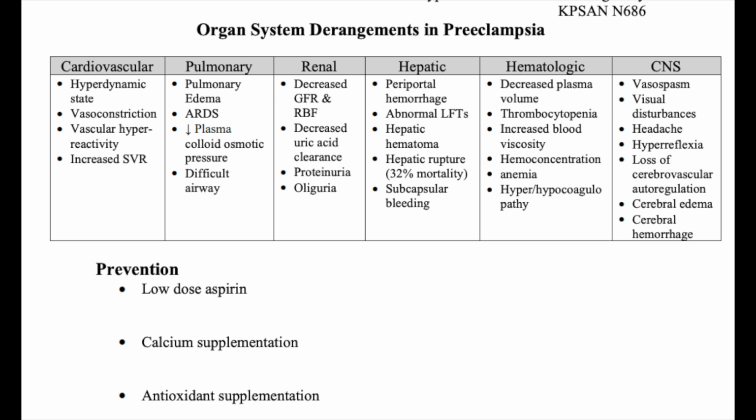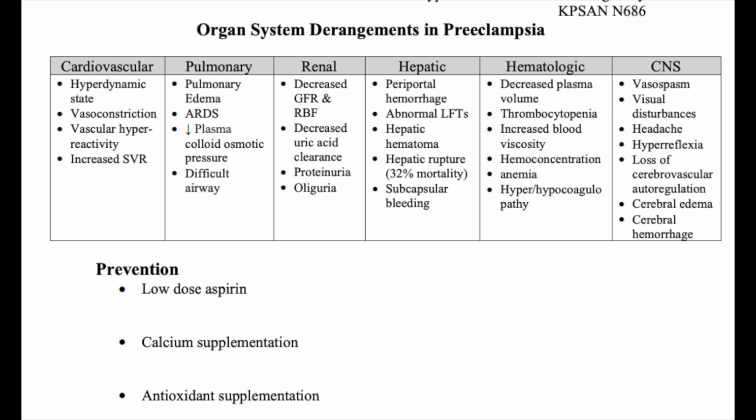In your notes here, you can see I have a table titled Organ System Derangements in Eclampsia. Let's start with cardiovascular. Vascular hyperreactivity seems to be the most important characteristic of preeclampsia, and this is what leads to maternal hypertension and reduced placental perfusion. This vascular hyperreactivity leads to an increased SVR, which can lead to left ventricular failure and possibly even pulmonary edema.